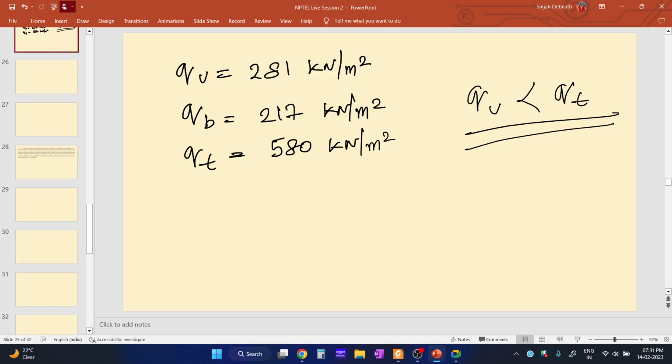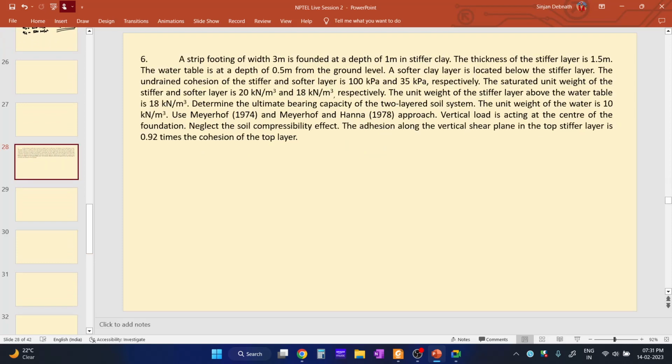So now let us proceed to the final question. In the final question, we will also use the same method. Let me read out the question. Instead of the rectangular footing we used in the previous question, here we need to find the ultimate bearing capacity of the two layered soil system for a strip footing.